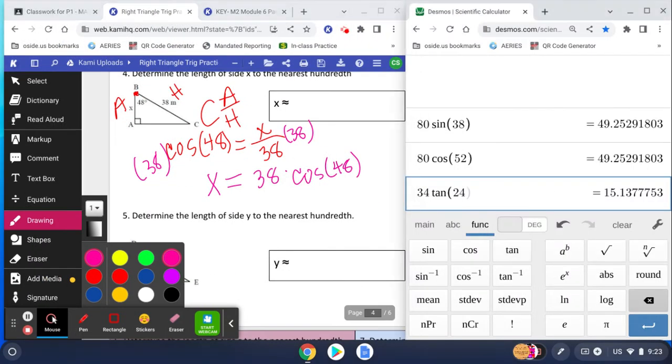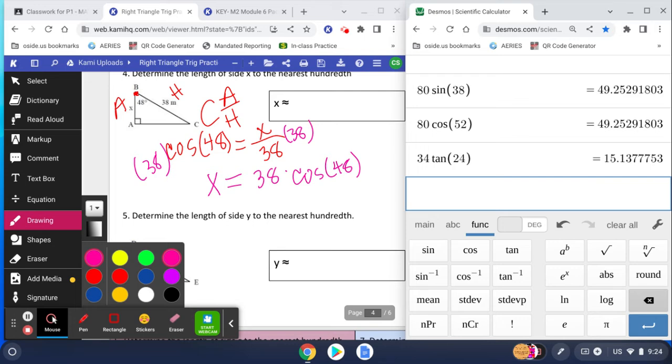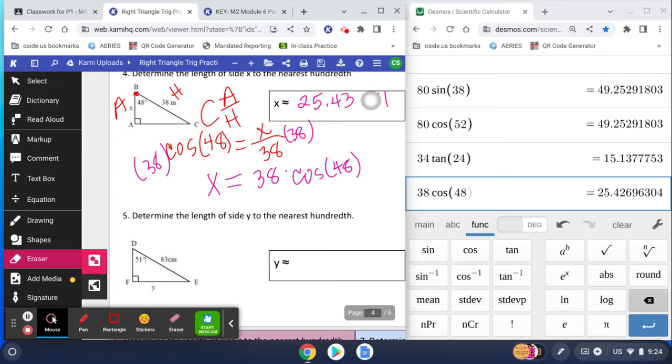So grab that yellow calculator and try it out, and then look to see if you got the same number as me. Did you get 25.43? Oh, this one did say meters as the units. Okay, perfect.